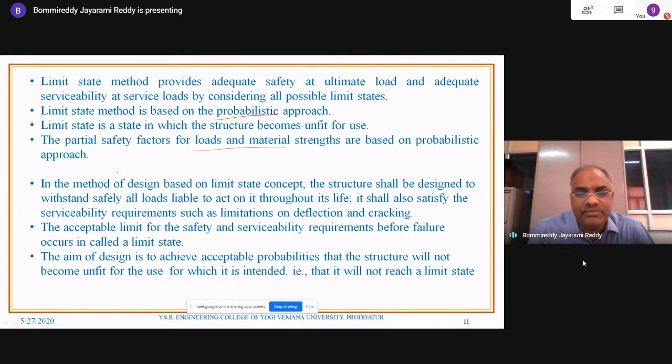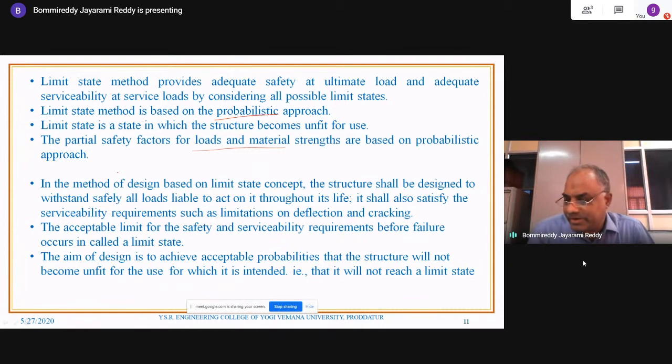So during the entire life of the structure, whatever loads come onto it, the structure must be safe, and it shall also satisfy the serviceability requirements such as limitation on deflection and limitation on the width of cracks. So any structure designed based on the limit state concept must be safe throughout its life, and it should also satisfy the serviceability requirements.